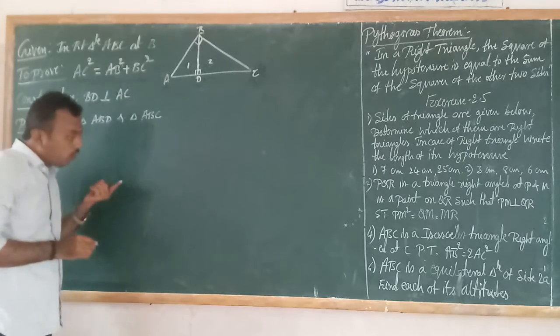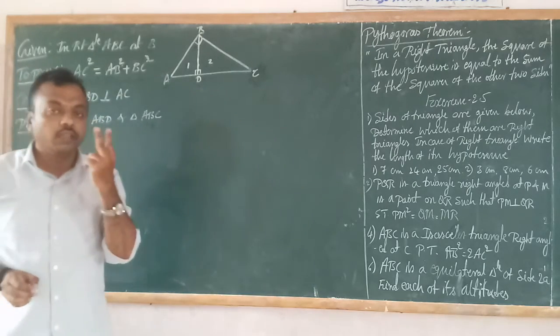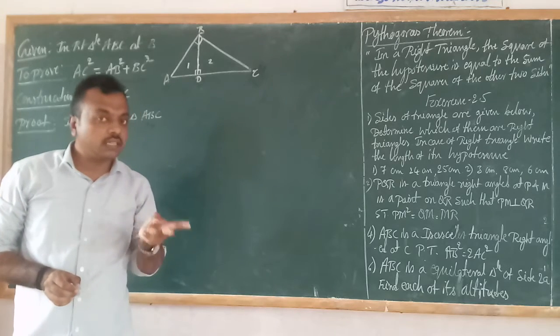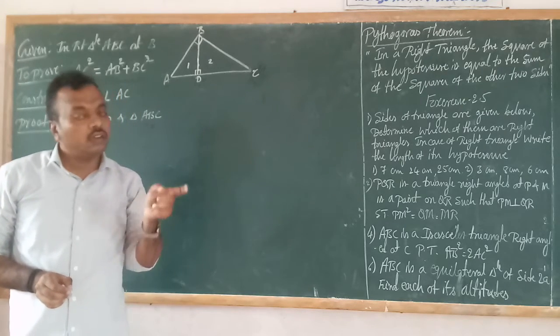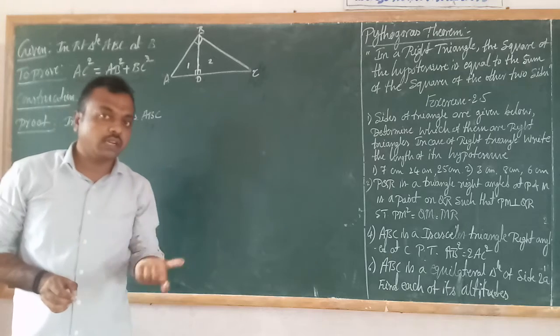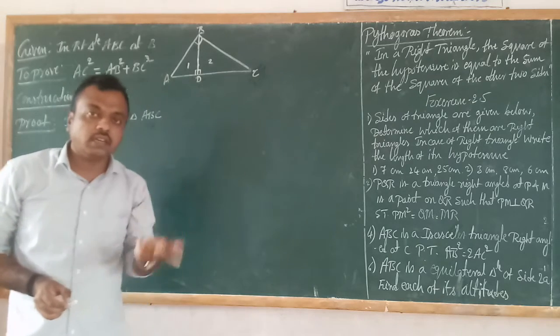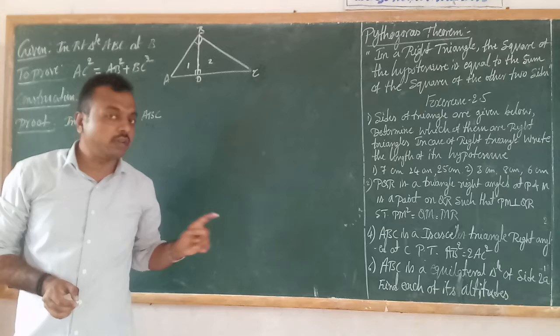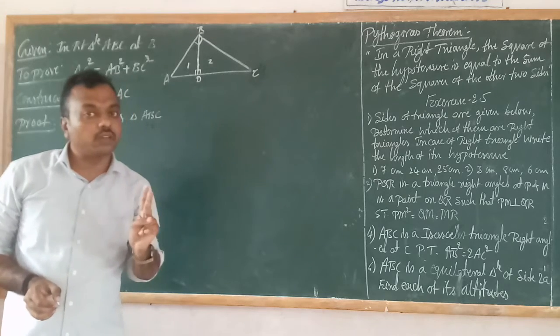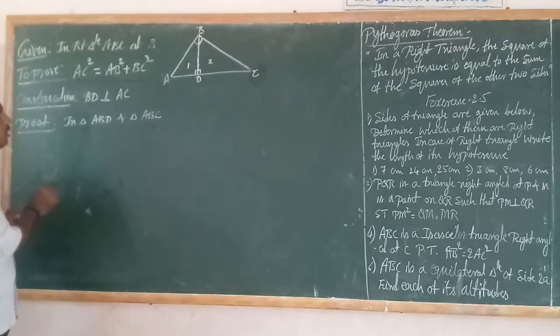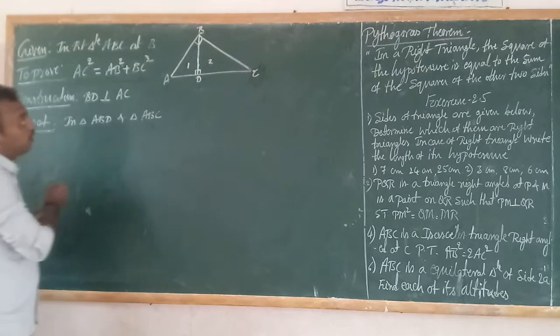In similar triangles, what do we need? Any two corresponding sides are in the same proportion, or one angle must be equal, then the two triangles are similar, or three corresponding sides are in the same ratio, or any two angles are equal. Which element do we have to find?